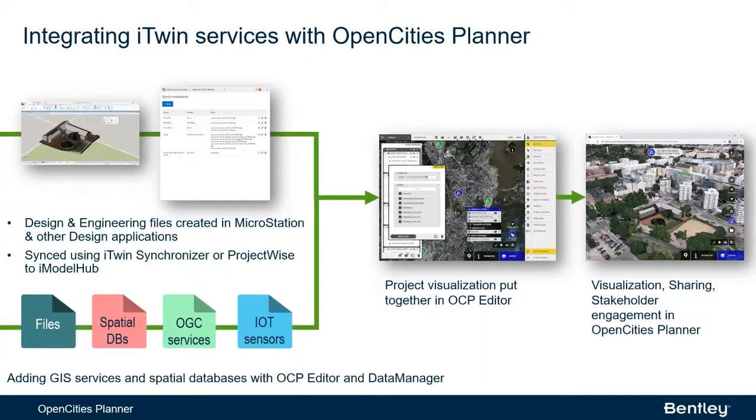And then you can use files and spatial DBs and all the stuff that you normally can use in OpenCities Planner and put that together in the editor and then push it out to other collaborators in the project. This functionality requires that the users have been invited with at least team member access in the OpenCities Planner project.